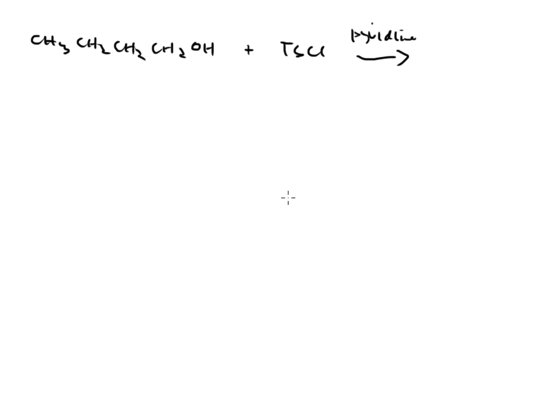Well, I can do the shortcut way. I can say, this OH group, bam, we make it ugly. This OH group leaves, and what we have in its place is this tosyl group. So CH3, CH2, CH2, CH2, and the oxygen is there with the tosyl.